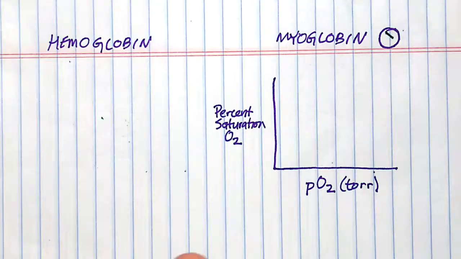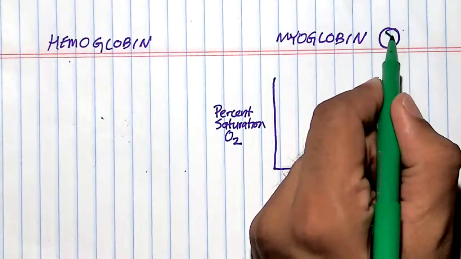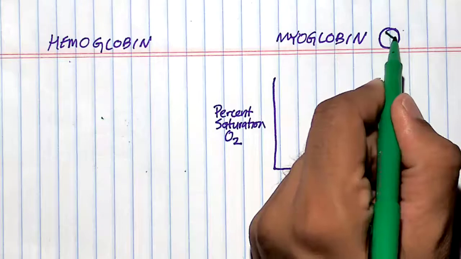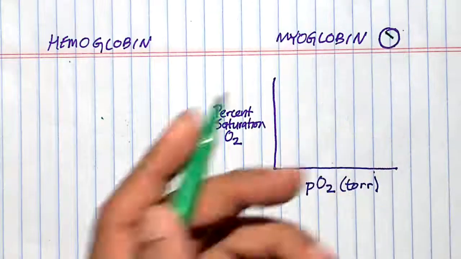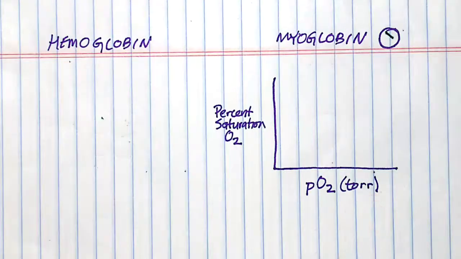In this case oxygen is a gas, so instead of concentration, we'll use the term pressure. If you have a lot of oxygen pressure around, there'll be more oxygen available to bind heme, to chelate that iron in the porphyrin ring.